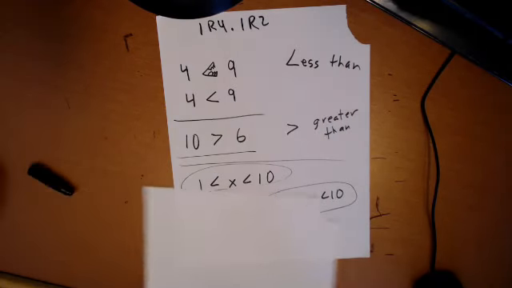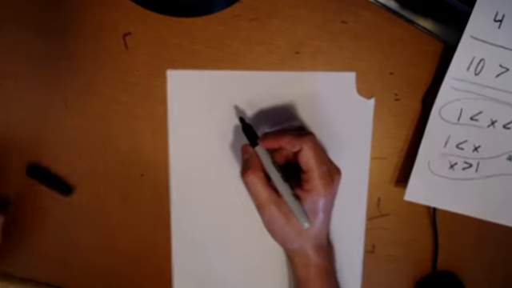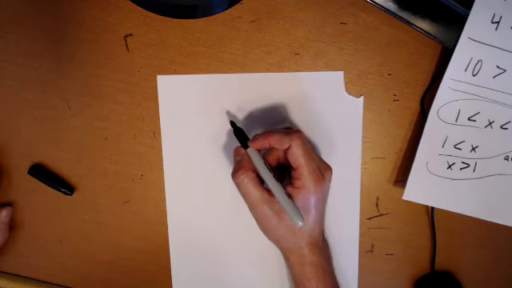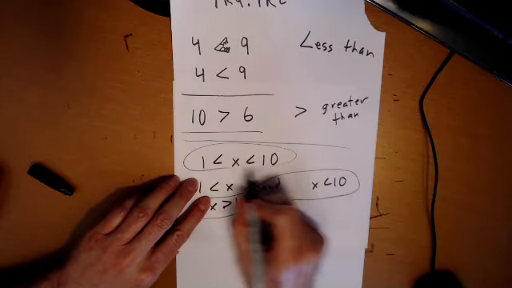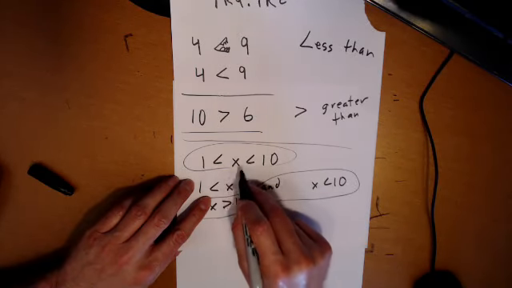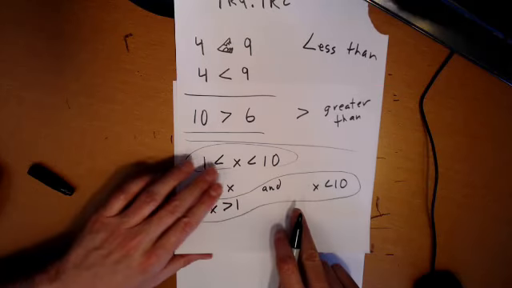Okay, so let's do a little bit of graphing maybe. What do they want us to do? So this one right here was pick a number between 1 and 10, not 1, not 10, because x is greater than 1 and x is less than 10, not equal to them.